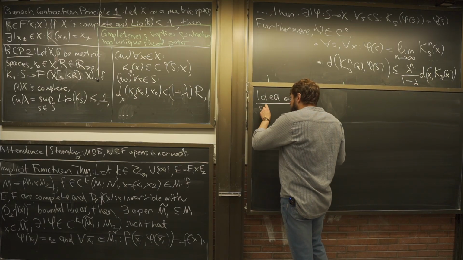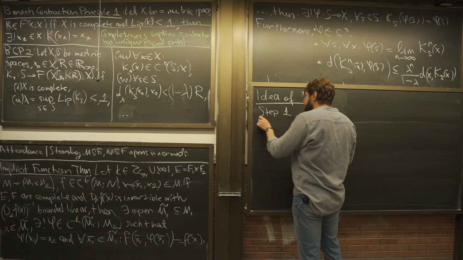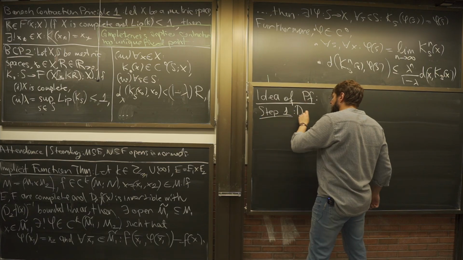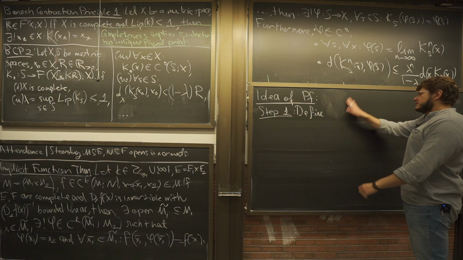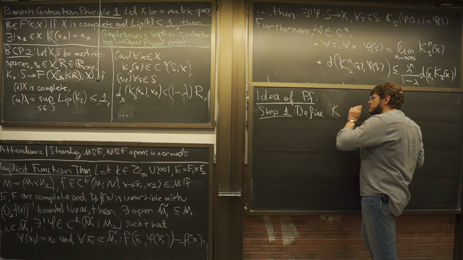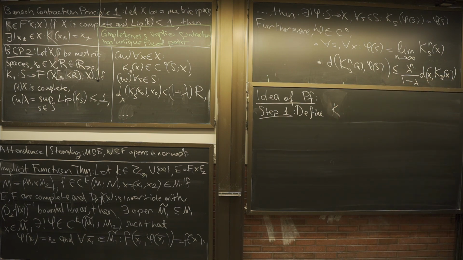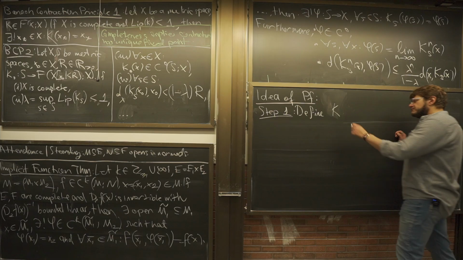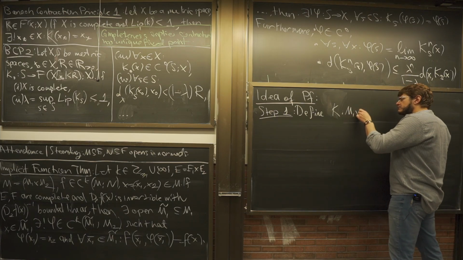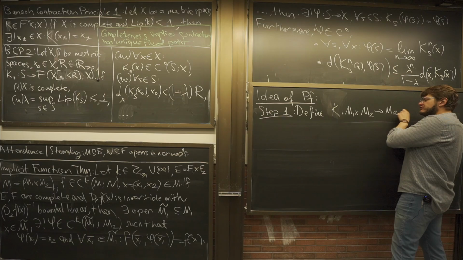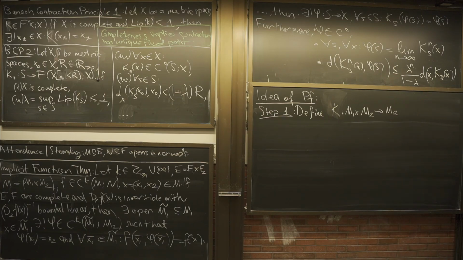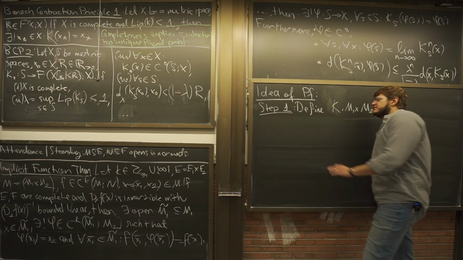So, step one. Define a function K that goes from M1 times M2 into M2. And how is this defined?